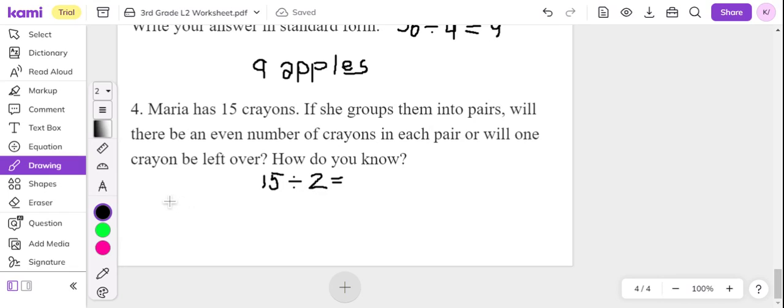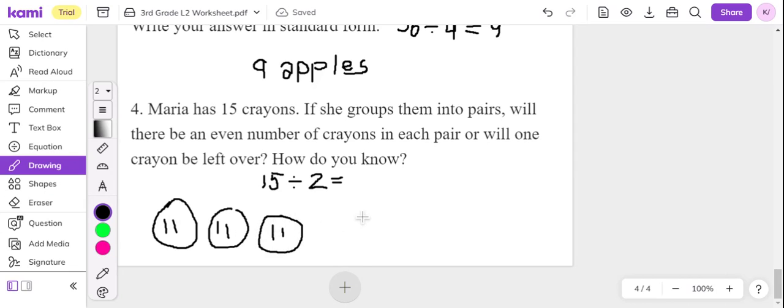Or if we want to, we can group it up. So 1, 2 crayons in this one. 1, 2. 1, 2. So we have 6 crayons so far. 1, 2. 1, 2.